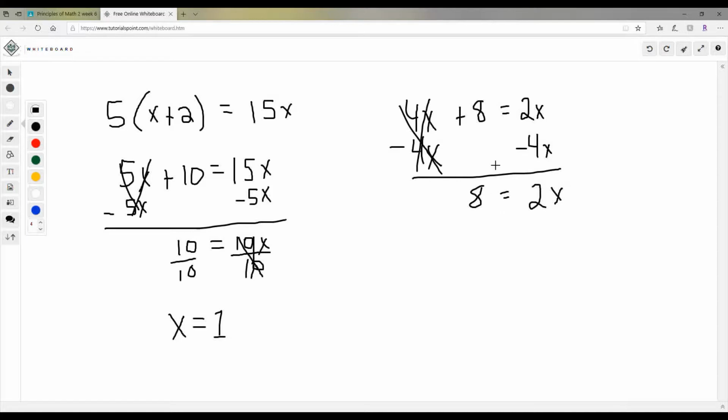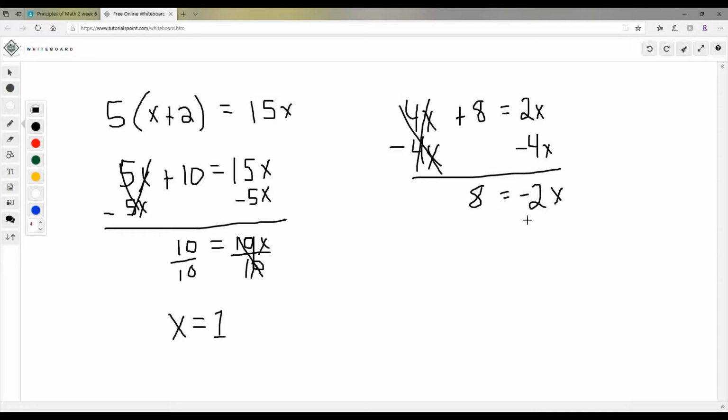I'm sorry, I'm looking at the wrong problem. That's going to be negative 2x. Yes, I'm sorry. This will be negative 2x, because we have to use the one that's the biggest, and 4 is the biggest. Okay, so we're left with that.